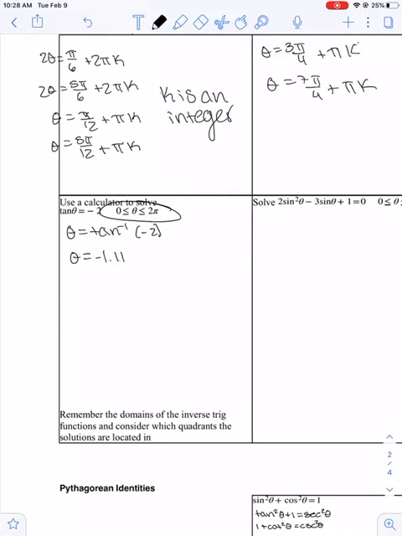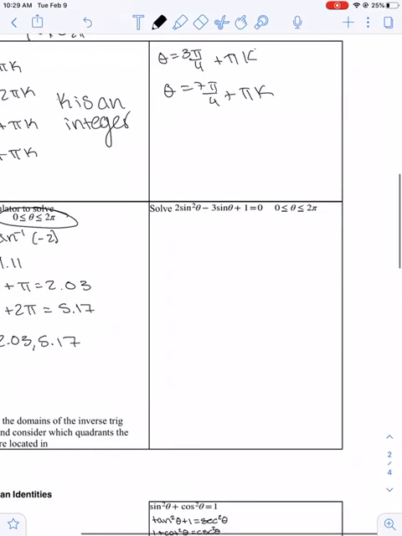So we're going to add pi, and we're going to add 2 pi to get those two answers. So negative 1.11 plus pi and negative 1.11 plus 2 pi. This equals 5.17 and 2.03. So theta equals 2.03 and 5.17.